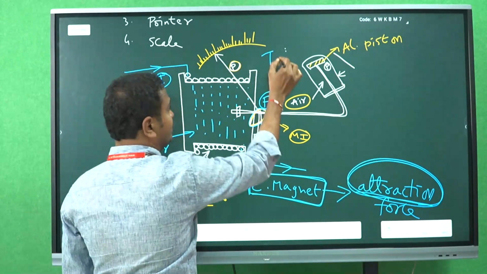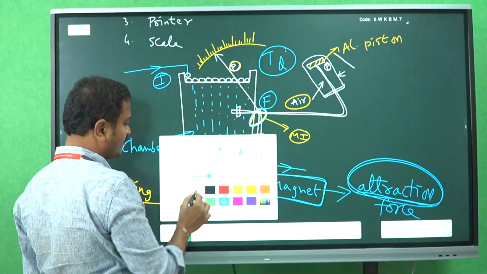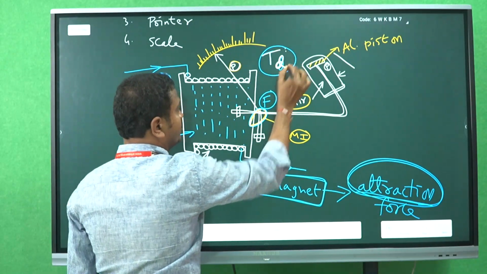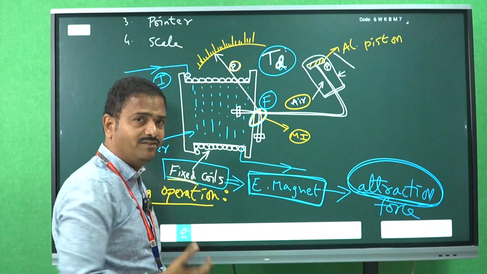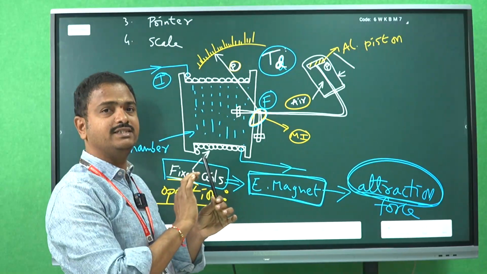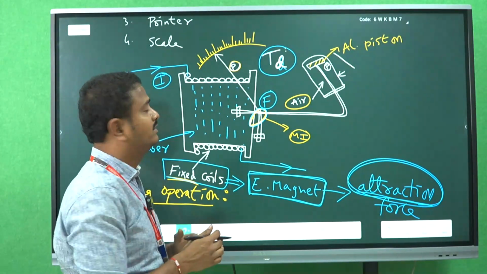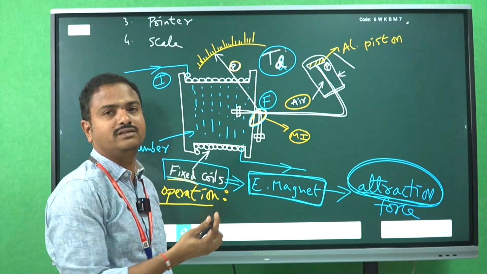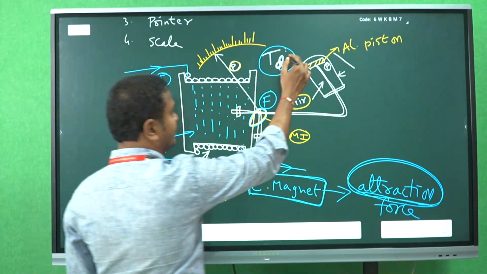In this way, deflecting torque is produced inside the instrument. What is the purpose of deflecting torque? It should move the pointer from its zero position. So the pointer should be movable, and only then does it represent the accurate measured value on the scale. Clear?